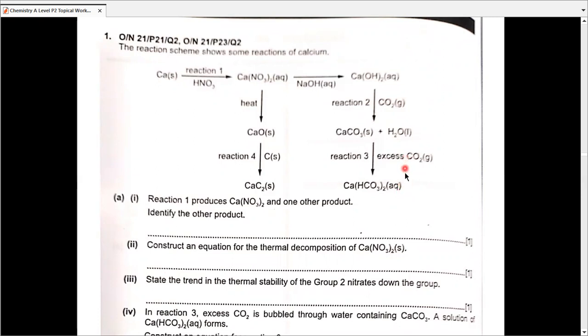For nitrates, the stability increases down the group. Yes, that is correct. And why do you think it increases? Though they're not asking the reason over here. I think it's got to do with the size of the ion, like it's reducing, so the attraction, wait, no, ion size is increasing down the group.